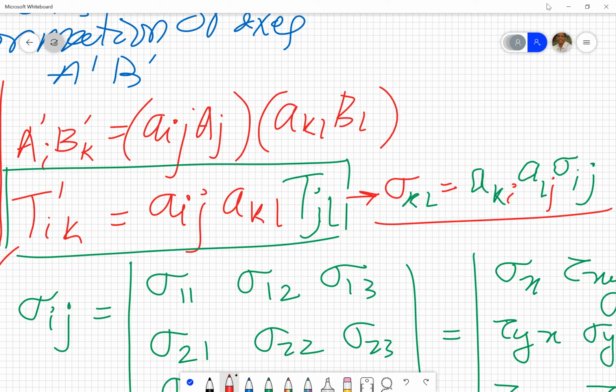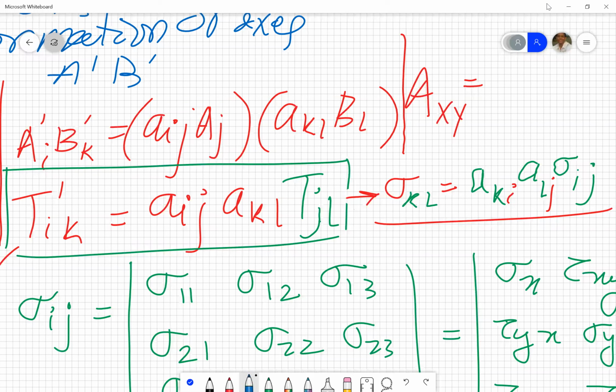Have you understood? Have you got that equation? How to write the stress tensor transformation equations? If you are writing any term, forget about the stress for now. If I am writing a_kl, or a_xy, how can we write it? For example, I am giving you some examples here.